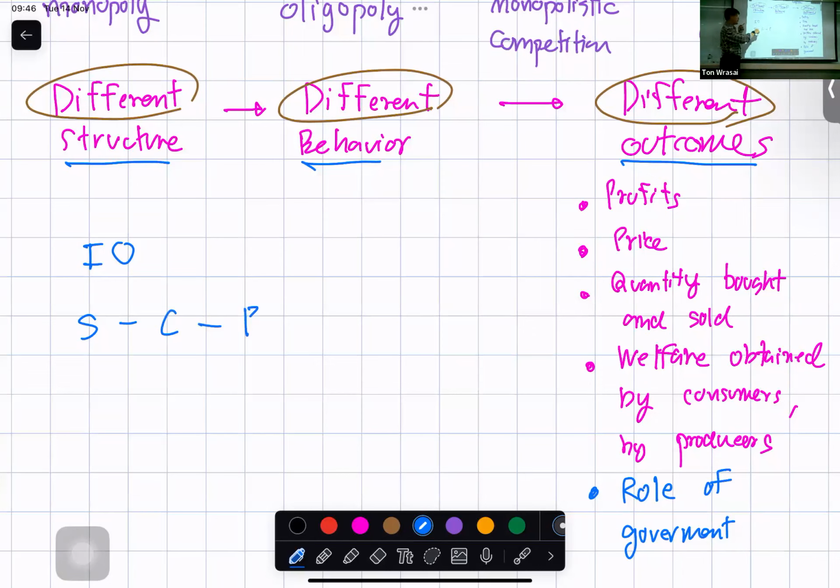Conduct is about behavior of firms, and performance, where we look at profit, price, quantity bought, and so market activity, and happiness received by stakeholders in the market, and the role of government to intervene. This is a framework: SCP, structure, conduct, performance.